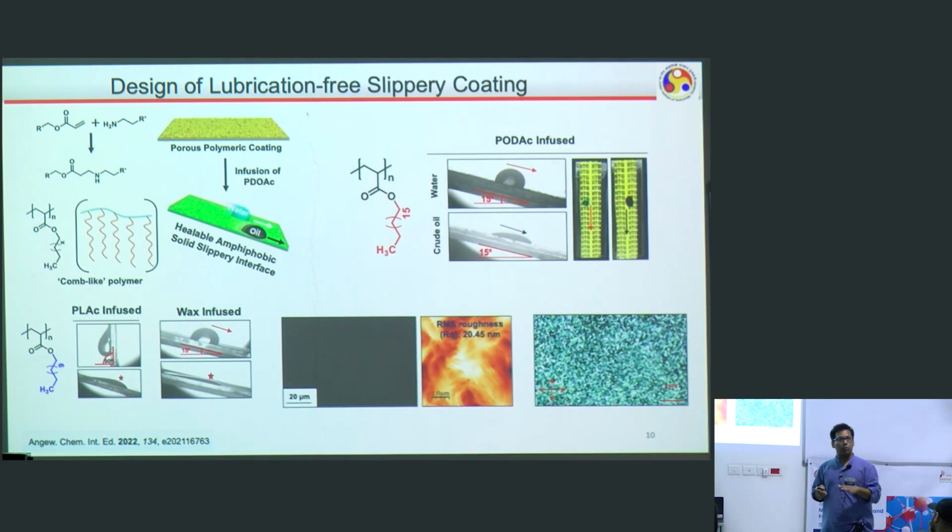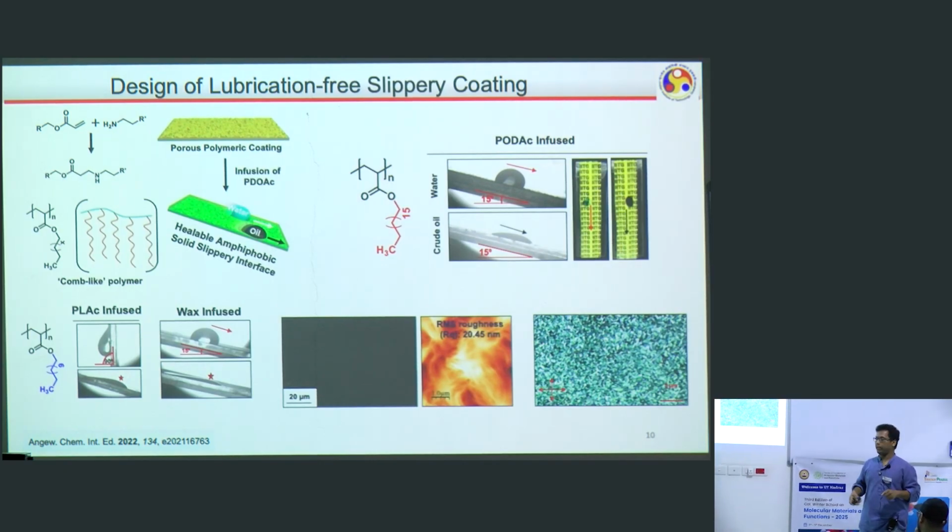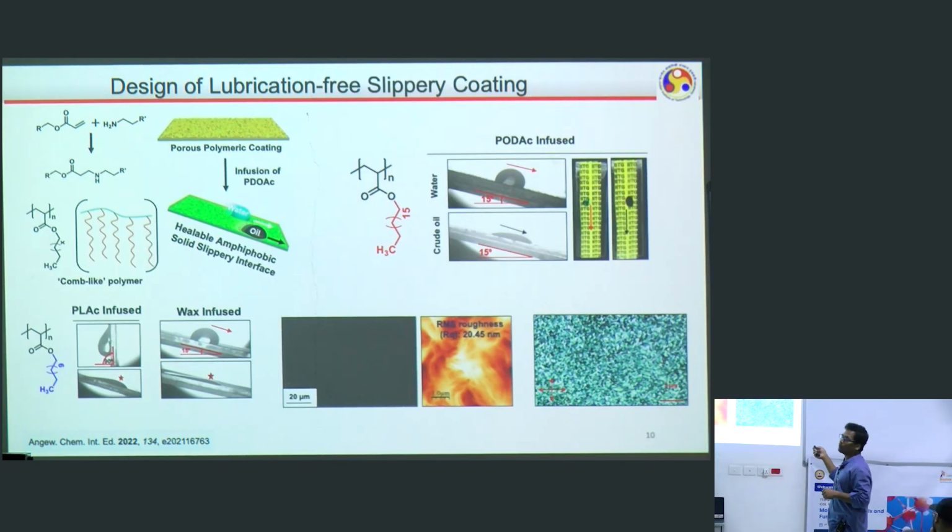If you look under a cross-polar microscope, because of this crystalline nature, you see birefringence all over. It shows that it's a continuous crystalline network that you have established inside this porous polymeric coating, and because of that, you're getting this property.